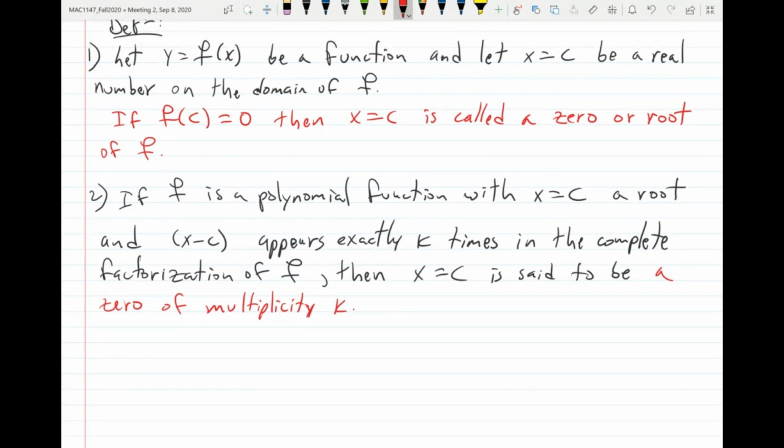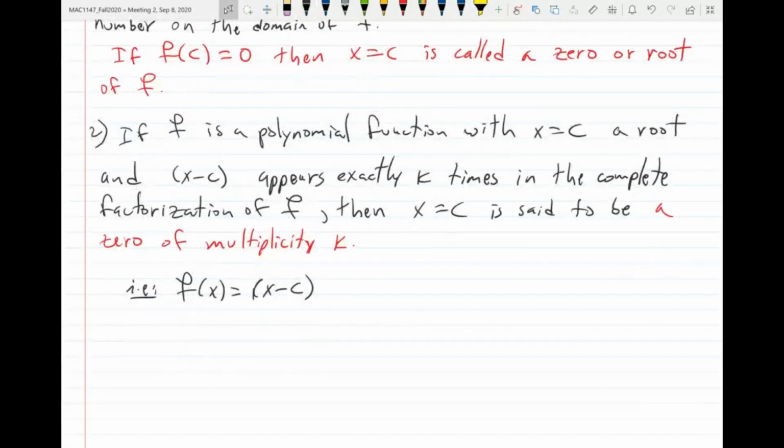In other words, when you factor the polynomial f, if c is a zero, then x minus c is a factor. This is a theorem that you're going to see, and it follows from division. We're going to study this when we start looking at zeros. So you can factor f of x as x minus c to the k power times some other function g, but c is no longer a root of g.